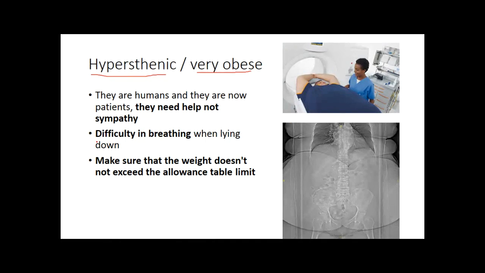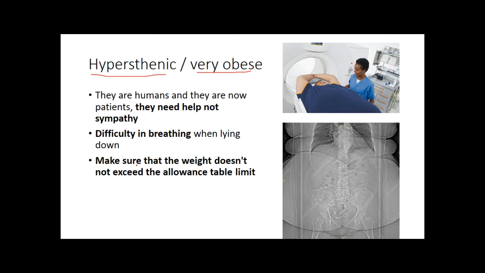They will face difficulty, and consider also that they will face difficulty in breathing when lying down. So your examination in that specific condition has to be fast. You have to prepare everything. What they do is they even put in the cannula while the patient is sitting. They only ask the patient to lie down when they want to start the examination.